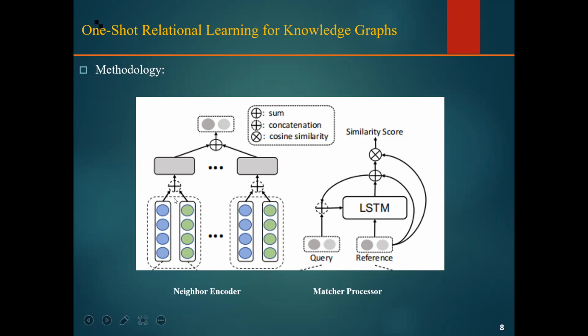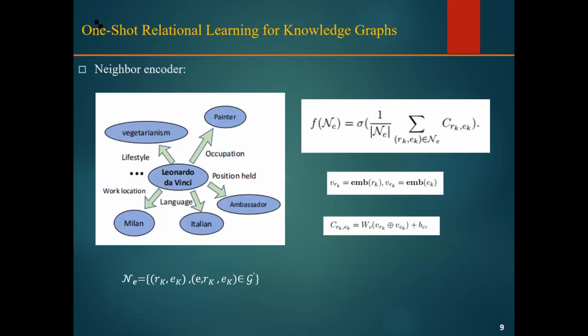So we use a knowledge graph neighbor encoder to represent each entity with its local connections in the knowledge graph. For example, here we have Leonardo da Vinci, and a lot of related entities, what we can call local connections.